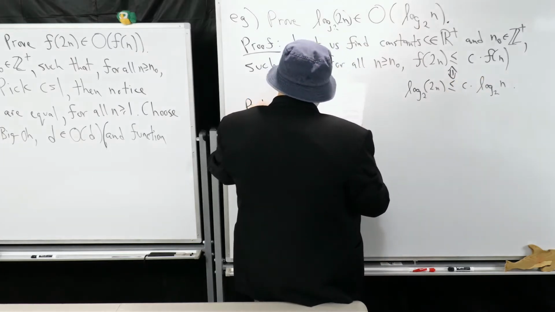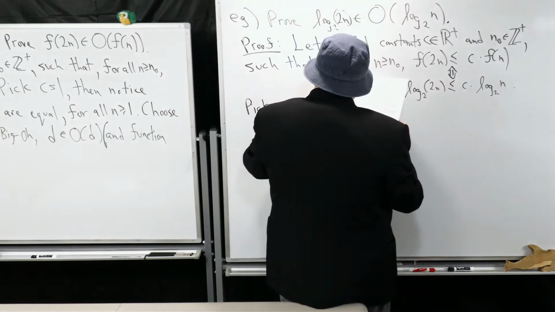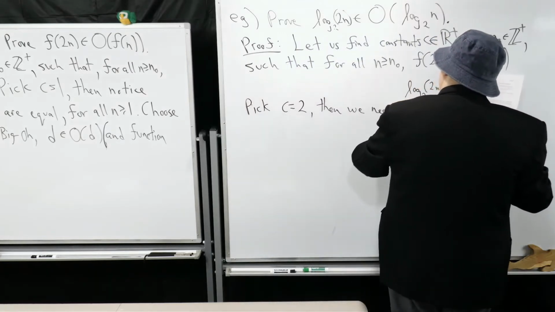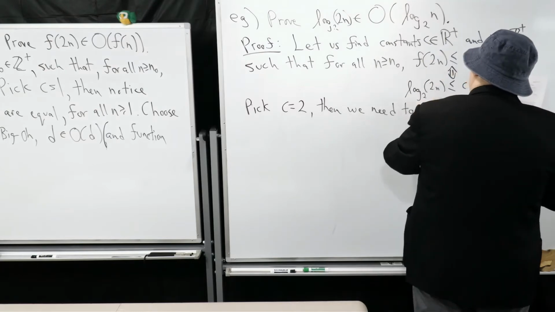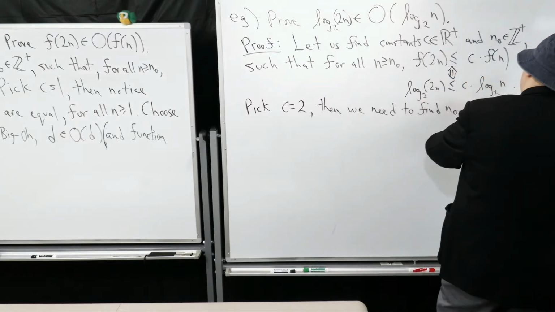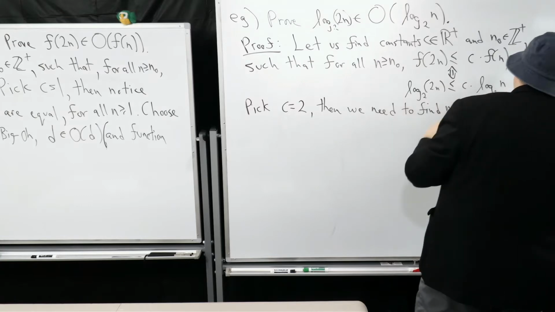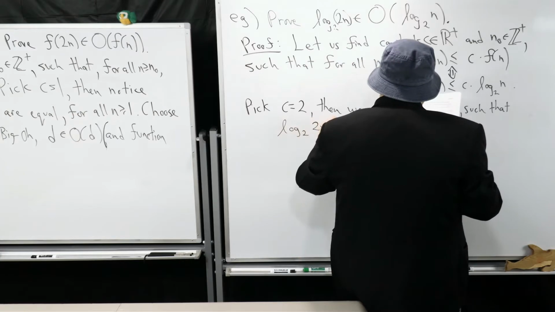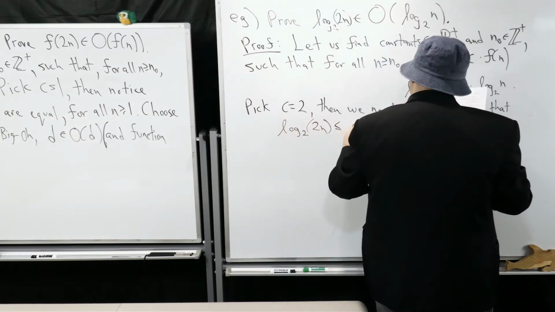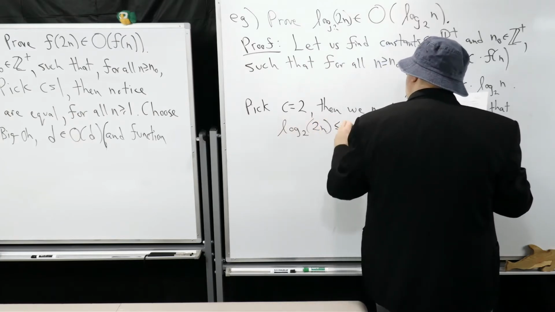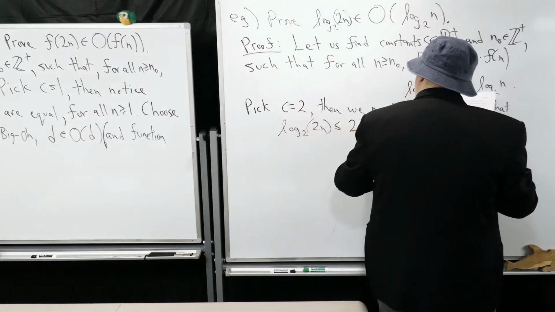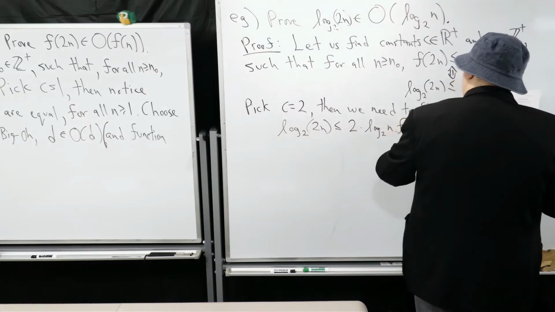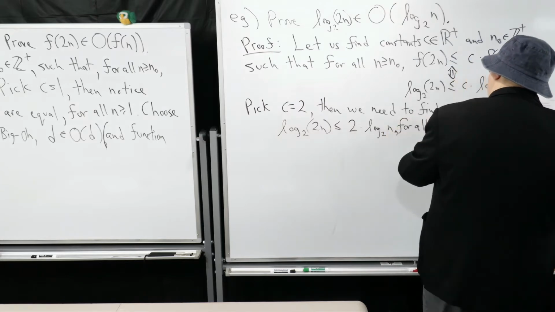So I pick c is equal to 2. Then we need to find n0 such that log base 2 of 2n is less than or equal to 2 times log base 2 of n for all n greater or equal to n0.